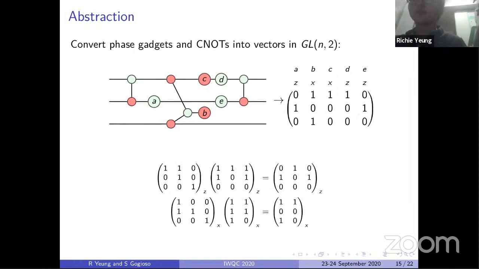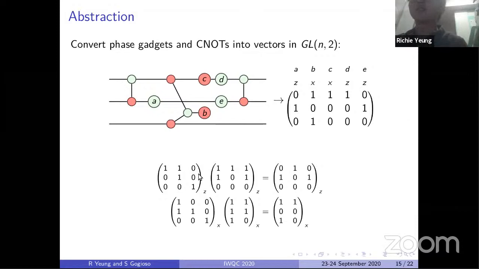Okay, so then we can start working out how to simplify. Here in the middle, we have the phase gadgets, which are the same as the binary matrices from the previous slide. And now we're going to apply these binary matrices, which are effectively the actions of the CNOT on these phase gadgets.